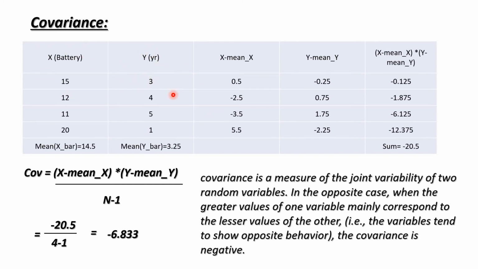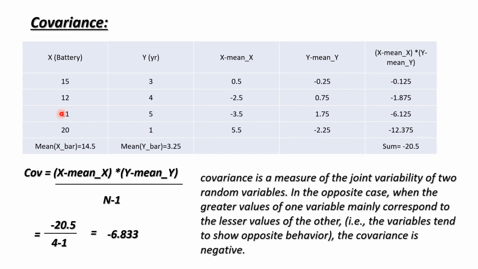Okay, I will explain this data set first. What is x? That is battery life, right? We have the maximum battery life, that is 20 minutes, and we have put 1 year over here, meaning the larger the battery life, the newer the mobile you bought, right?